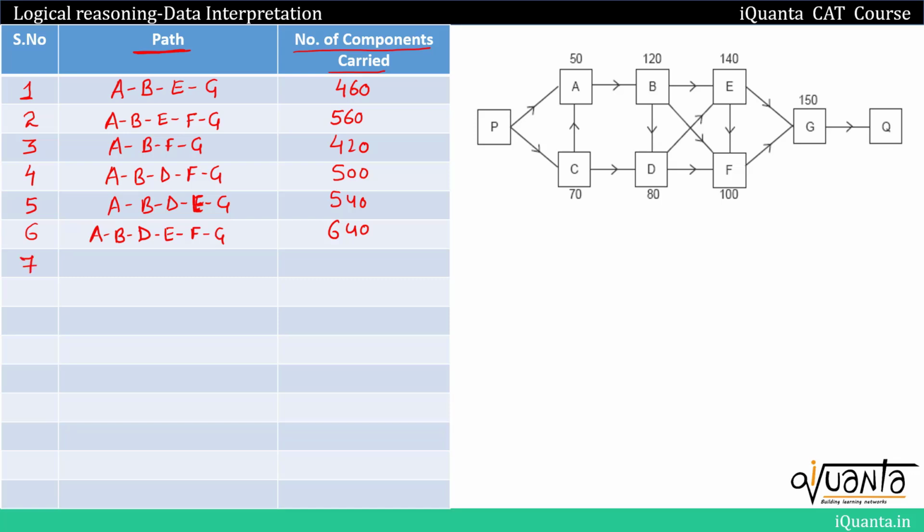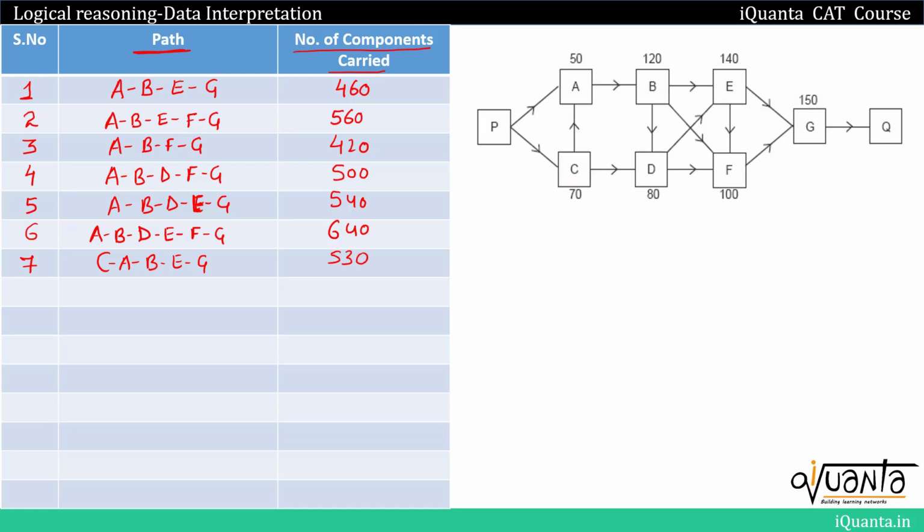It can go through C first, then this A, then from A he goes to B, then to E, then G. So C, A, B, E, G is one possible path. Add the number of components: 70 plus 50, 120, 120 plus 120, 240, 240 plus 140, 380, 380 plus 150, 530.